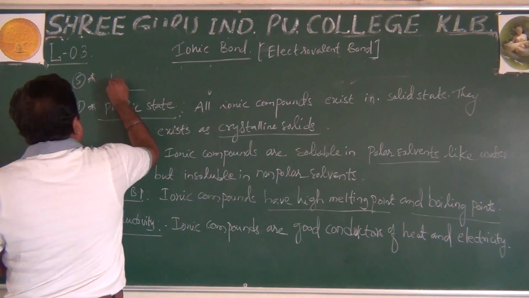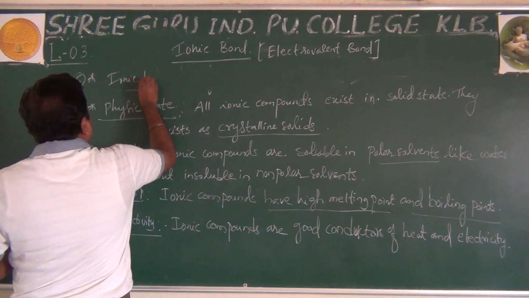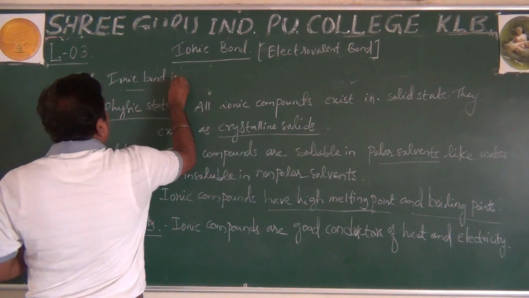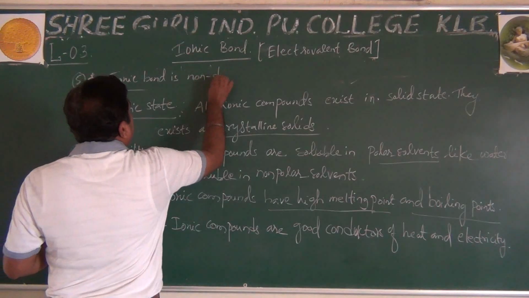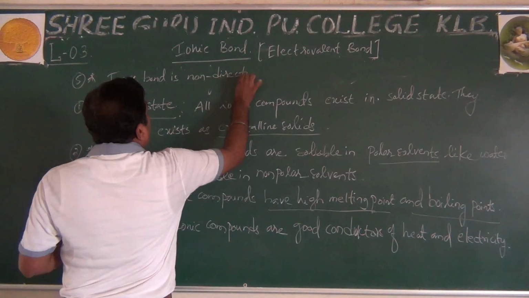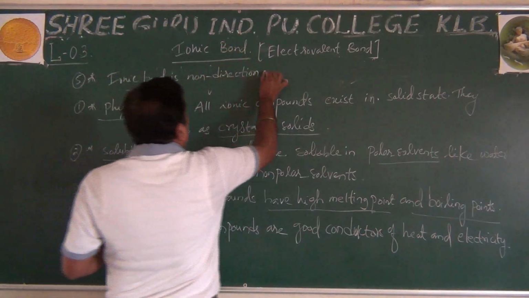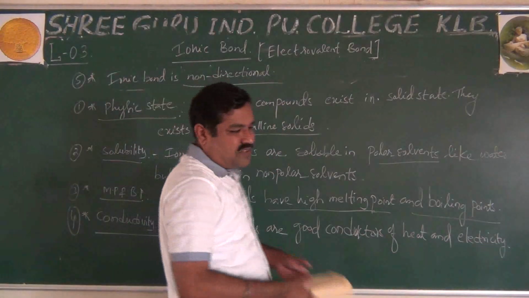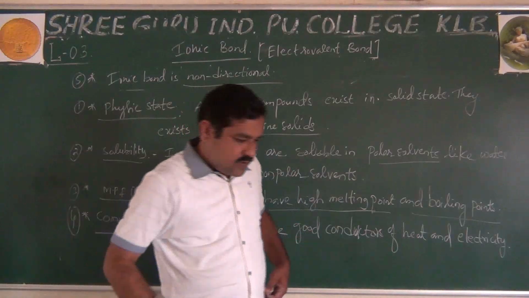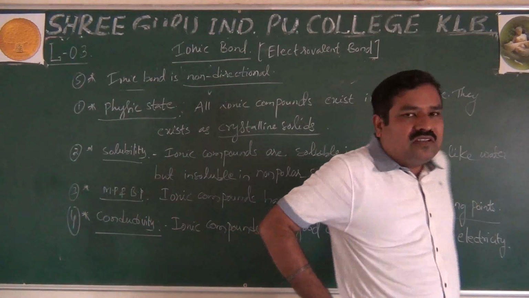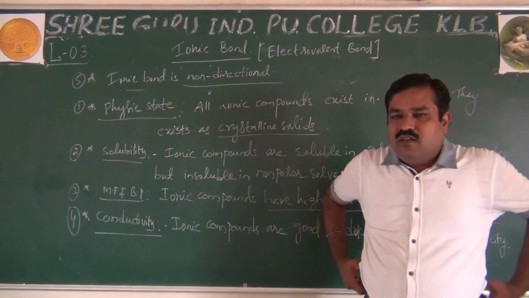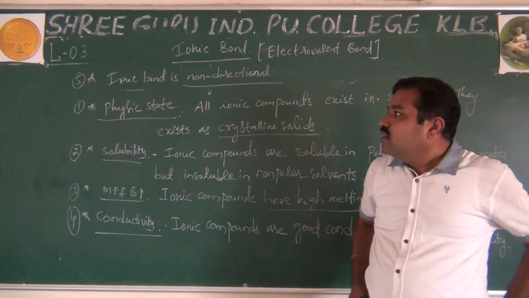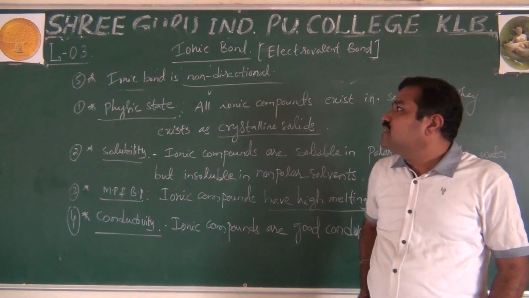Fifth one, ionic bond is non-directional bond. Non-directional. There is no any fixed direction. No doubt they are having positive and negative charges, but it is a non-directional bond. That means ionic compounds are non-directional in nature.